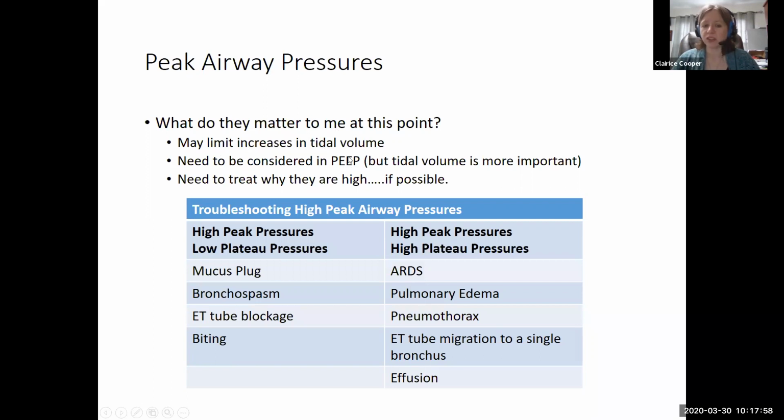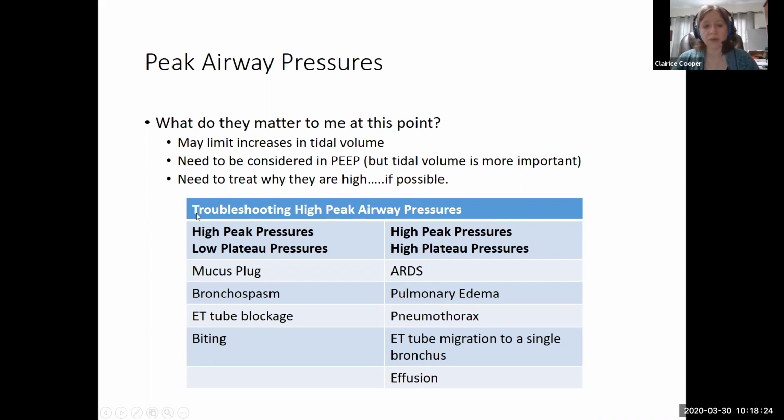However, in the case of oxygenation, especially difficult to oxygenate patients, we often need the high PEEP because we need that recruitment and we need that to maintain oxygenation. And a couple of points of PEEP increase won't usually have as much of a substantial effect on peak airway pressures as increasing the tidal volume.